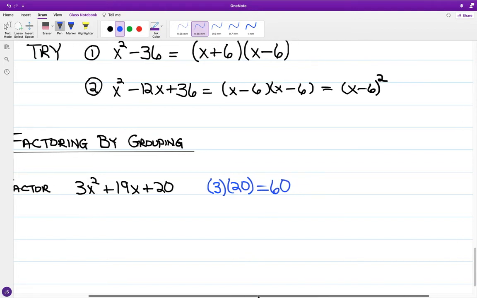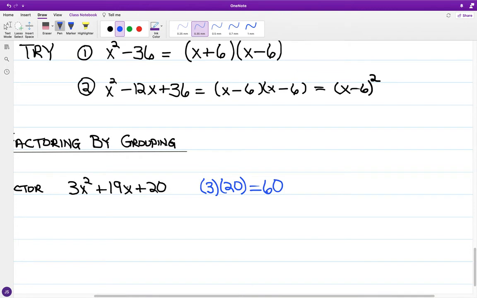Now we're going to involve the number 19. And now that we have the product at 60, we're looking for factors of 60 whose sum will end up at 19.